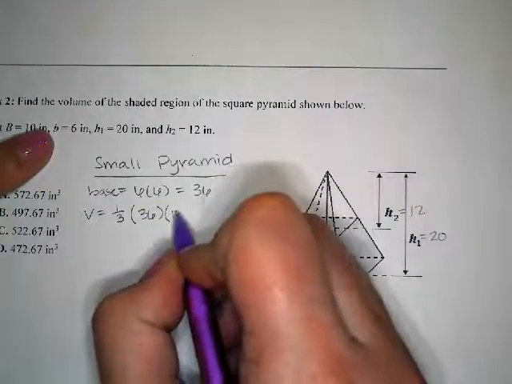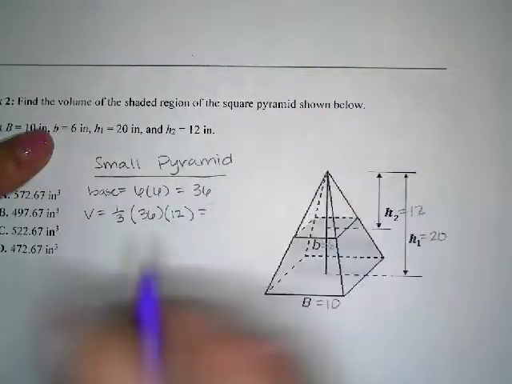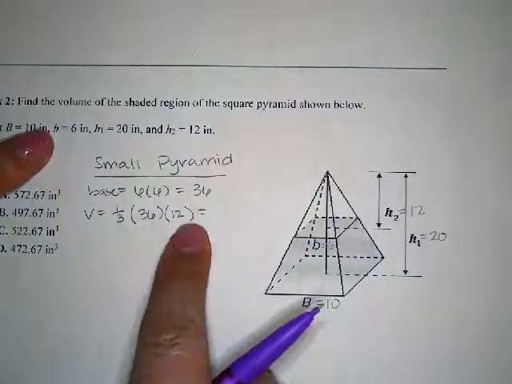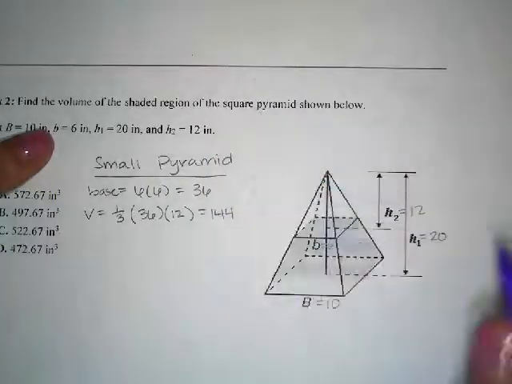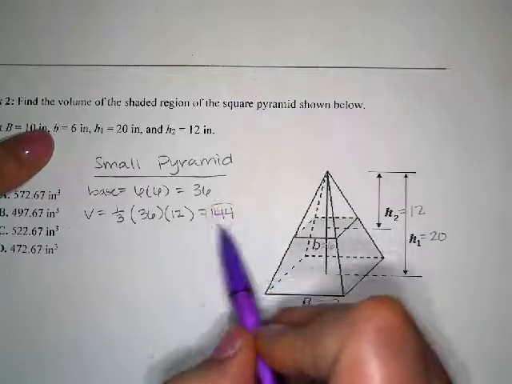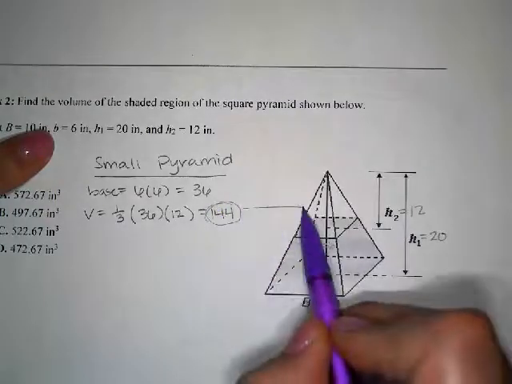So if I do 1/3 times 36 times 12, what do I get? 144? Perfect. So that is the volume of this little pyramid right there at the top.